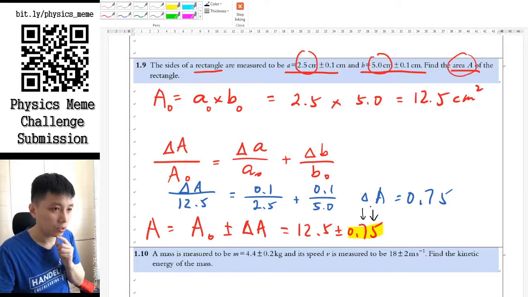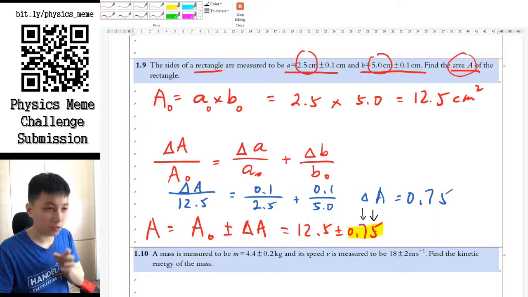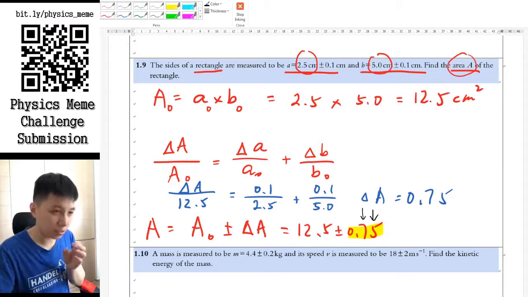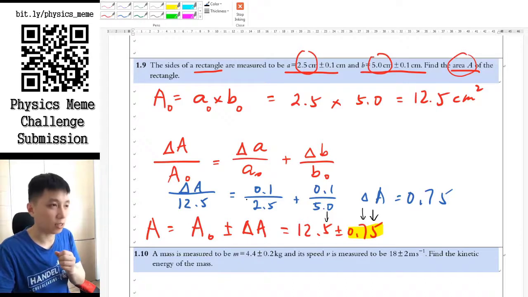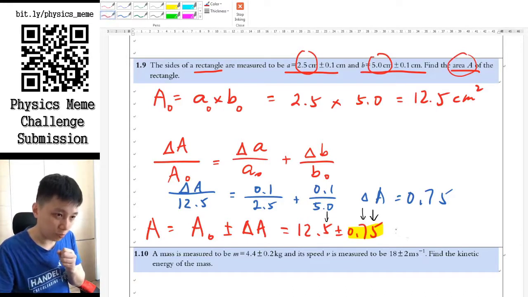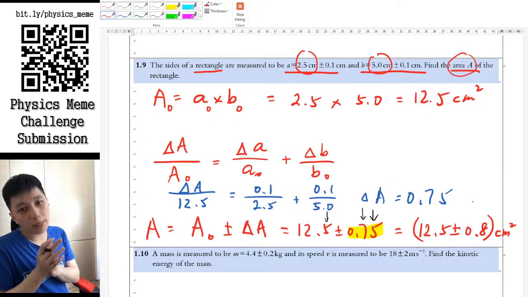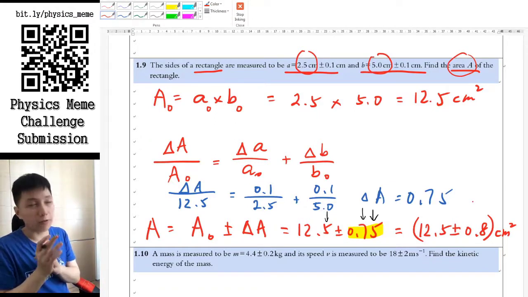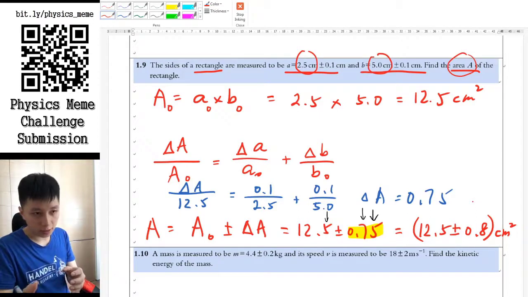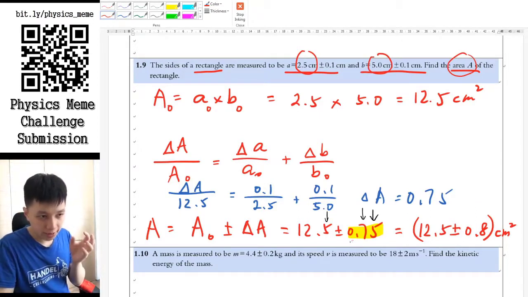So usually we'll just do one sig fig, which will round this up to 0.8. And 0.8 actually matches the decimal place of 12.5, because this is the only one decimal place you have. So this will be the final answer, in cm cubed.